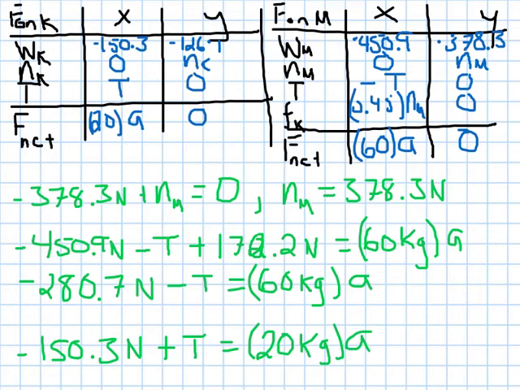Now it's key to recognize that these tensions are the same and these accelerations are the same. So if I solve this equation on the bottom, which came from the kid's force table, for tension, I can plug it in and solve for acceleration. So that's what we're going to do in the next scene.